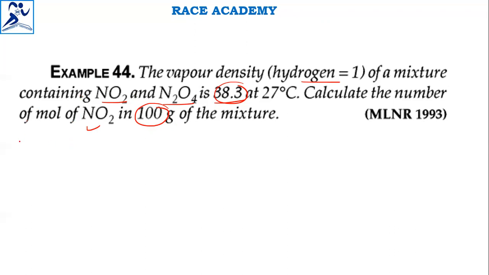One thing we know, vapor density of nitrogen tetroxide is 46, right? It is 92 by 2. Vapor density, that is actually before dissociation. I can say this is before dissociation or in initial condition.